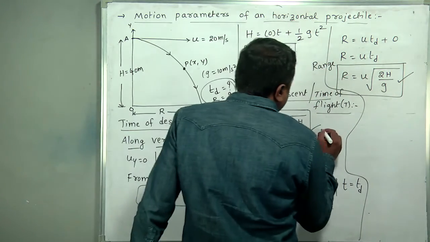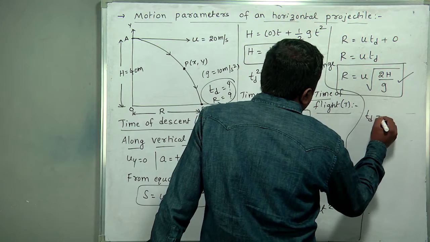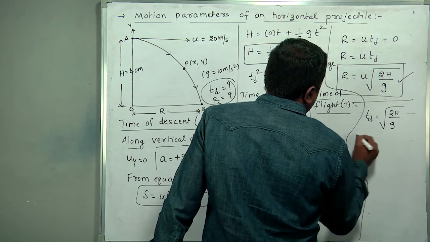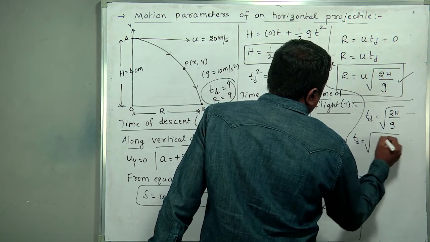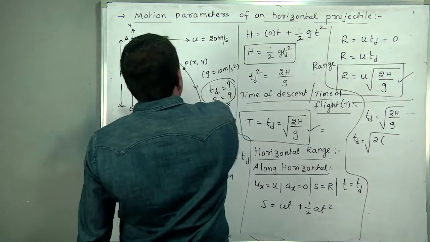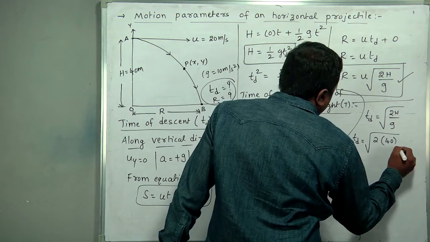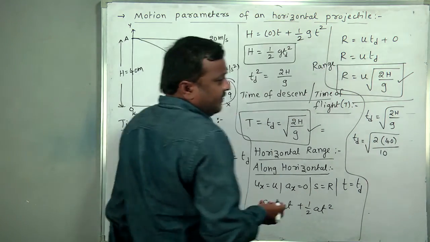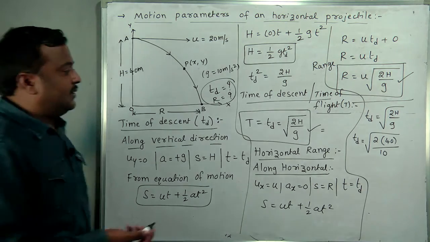The time of descent formula we know is square root of 2h by g directly. So square root of 2 into 40 by g, taken to be 10. No need of the velocity here to find the descent.